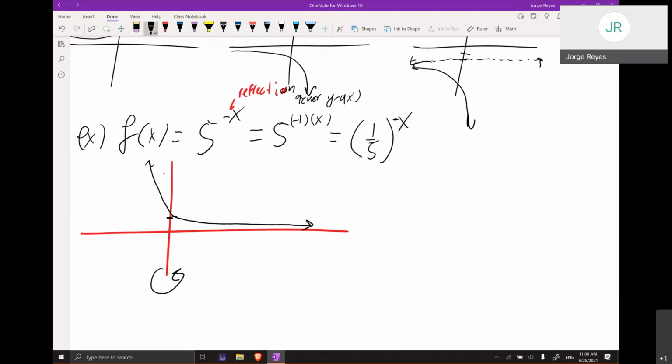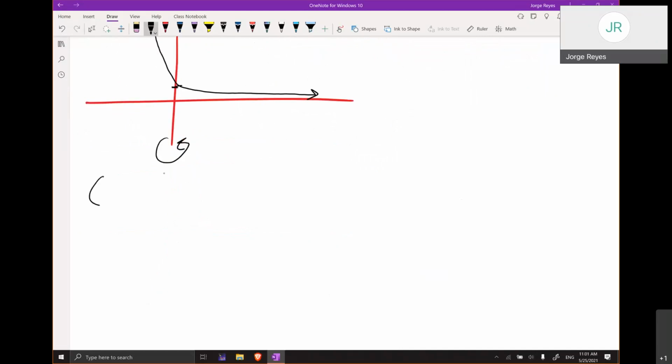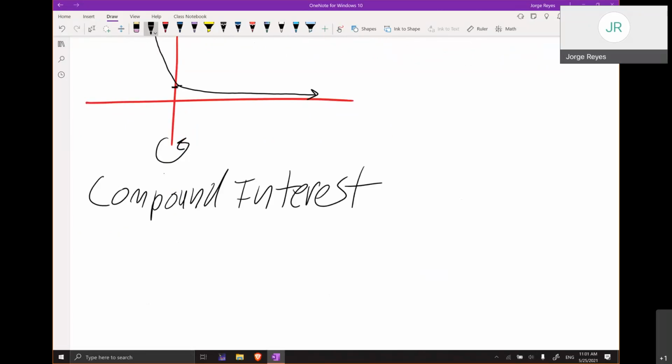Okay, so now, just to fast forward, the main point of both of these sections for us is going to be compound interest. We're going to learn how to calculate compound interest.